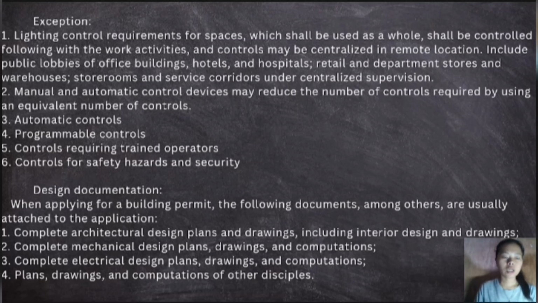Number three, automatic systems that turn lights off. Number four, programmable controls. Timers or smart lighting operate. Number five, controls for properly trained operators. Lighting can be controlled from a terminal. Number six, controls for hazards, emergency or sleep lighting, separate from repair controls.